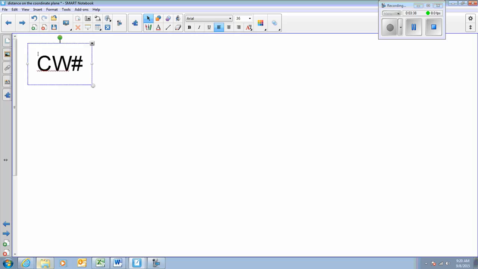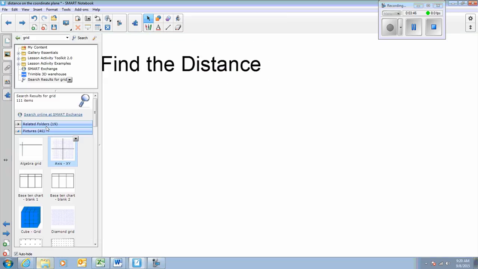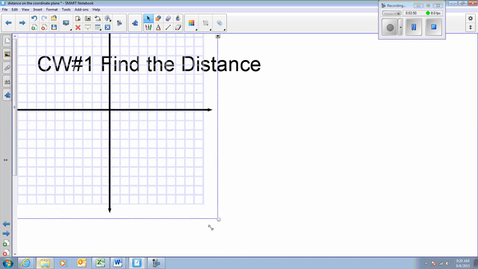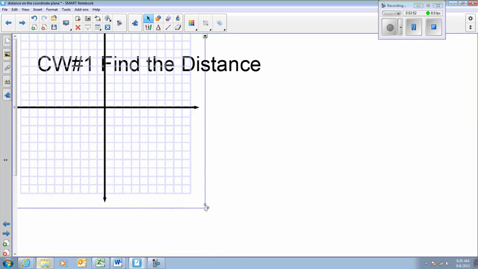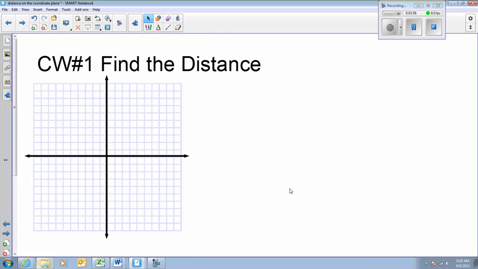Classwork number 1. Okay, question number 1 says, find the distance. Same as we just did. Let's talk about how we do it. Here's what we do. Let's say that we have 2 points.